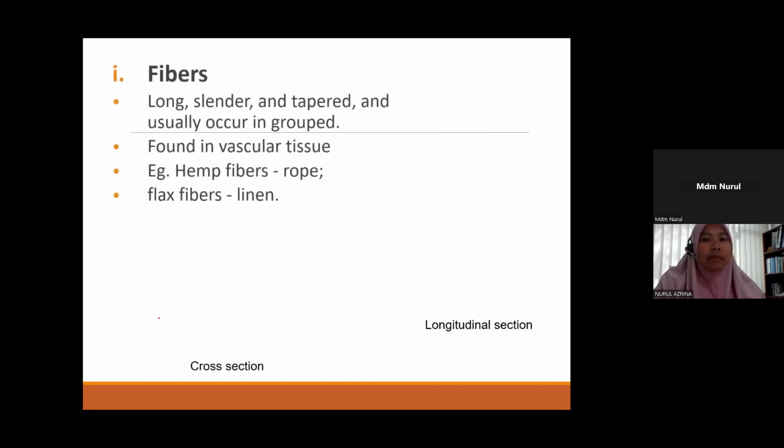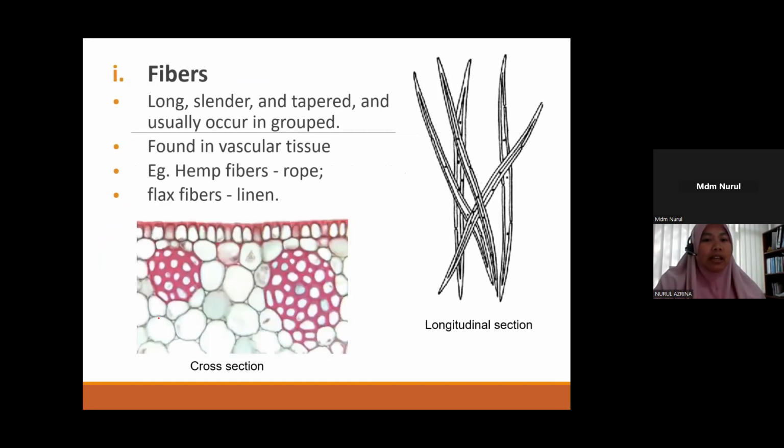All right, so in terms of structure, this is the structure of a fiber. A fiber is long, slender and tapered. It usually occurs in groups, as you can see, present in groups.